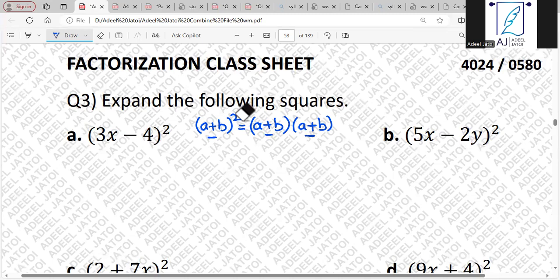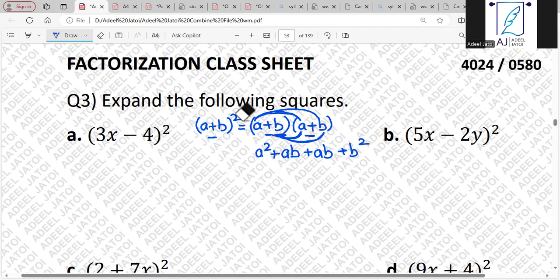And following on, if we multiply a with a, we get a square. When we multiply a with b, we get ab. We multiply b with a, we get ab again. ba or ab, it's one and the same thing. When we multiply b with b, we get b square.